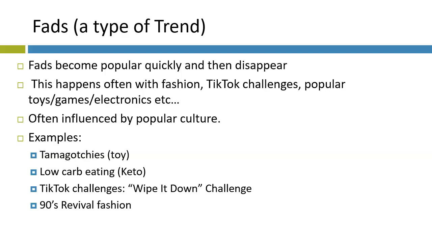Fads are often tightly connected with popular culture, and I have a list here of some past fads that have come through. Tamagotchis, keto diets, actually that's still ongoing, various TikTok challenges such as the Wipe It Down Challenge, revivals of fashion trends from earlier eras.